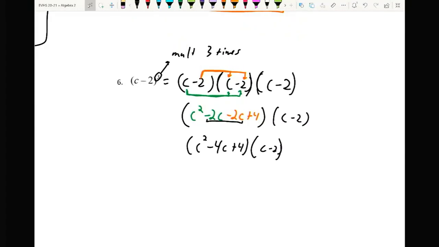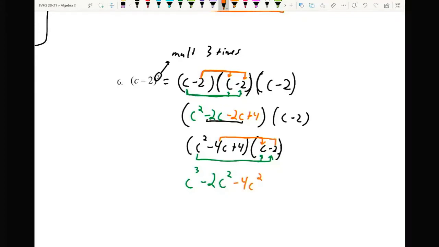We're going to take the c squared times c is c cubed. Now times -2, and c squared times -2 is -2c squared. Now we're going to distribute the -4. -4 times c is -4c squared.